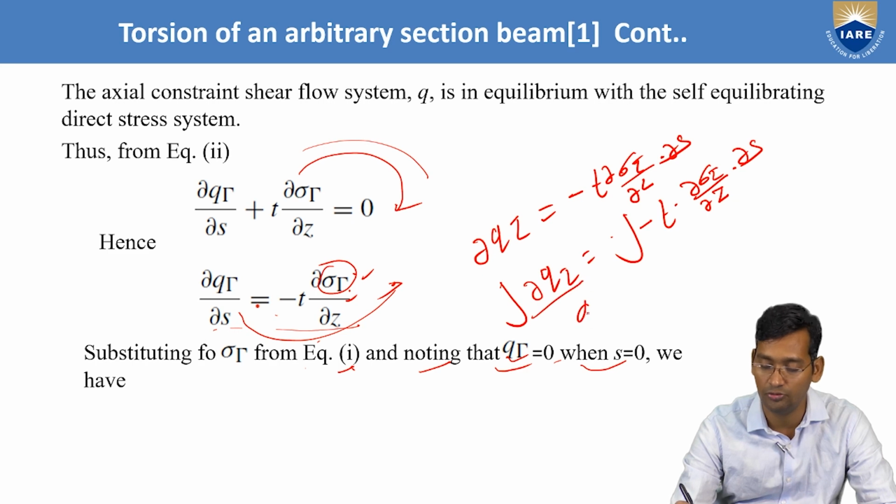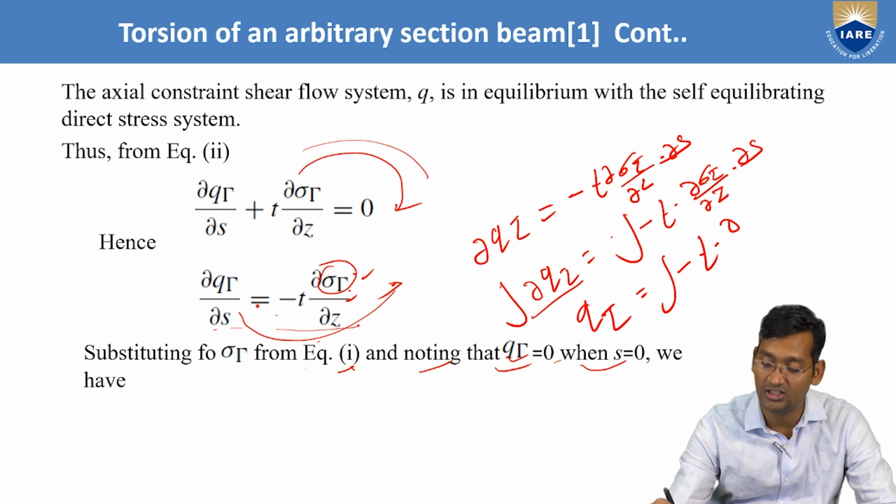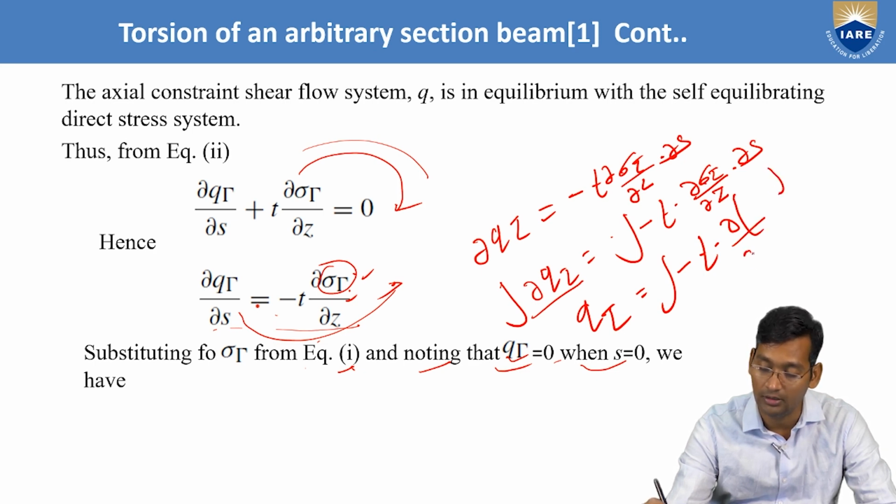Integration of this will be what? Q tau equals minus T del sigma Z; we found the value from the equation, you have to substitute here by del Z.